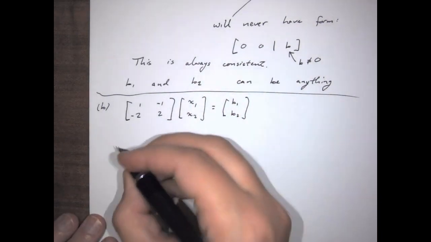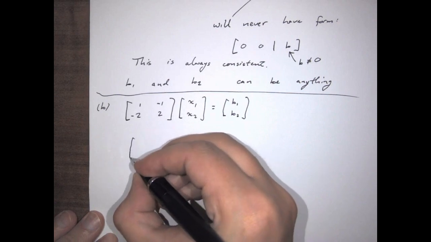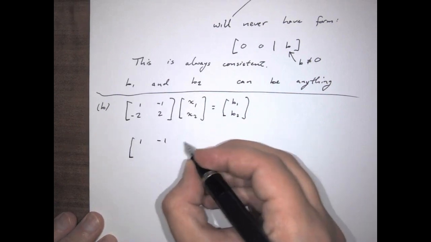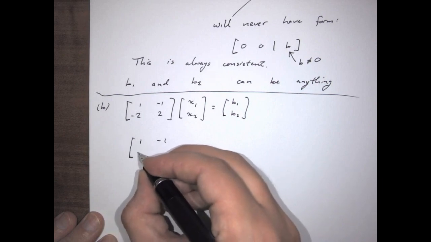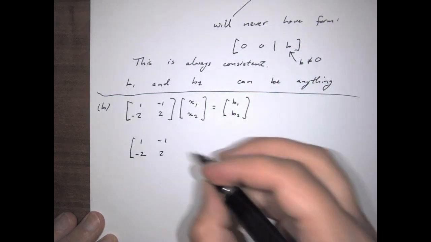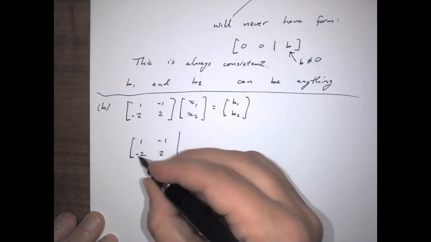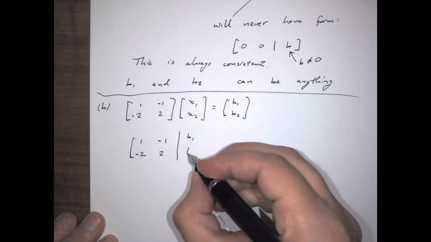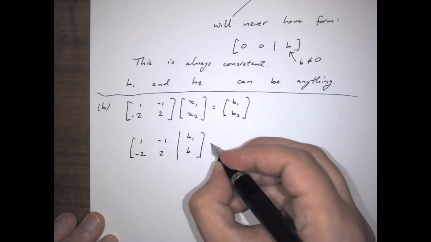Will that be the case here? Let's find out. First step, we just rewrite this in the augmented matrix form that peels off the coefficients and ignores the x's. So we have 1, -1, -2, 2, and then b1, b2 on the other side of the augmentation bar.